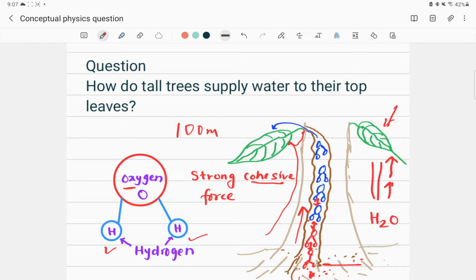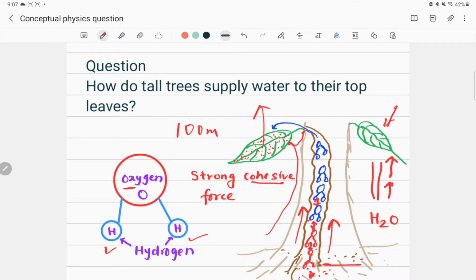What happens is water evaporates from the leaves. Because of the sunlight, or because the leaves use water molecules when they perform the photosynthesis process, water molecules will be used up or evaporate from the leaves, right? What happens then? There is a shortage of water in the leaves. And at this time, the cohesive force pulls replacement water.